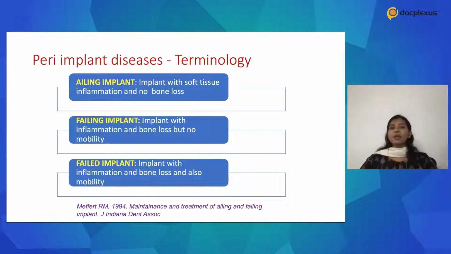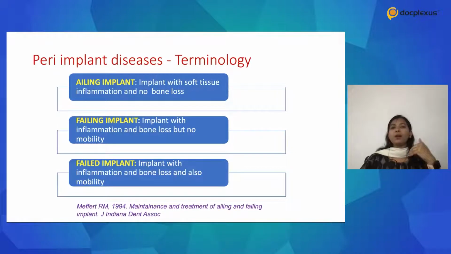Here in this slide, I have put three important terminologies: ailing implant, failing implant, and failed implant. They look similar, but there are three important parameters in this: soft tissue inflammation, bone loss, and mobility.